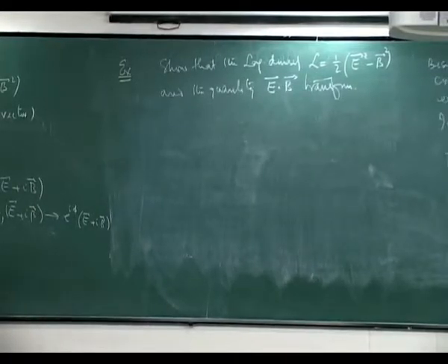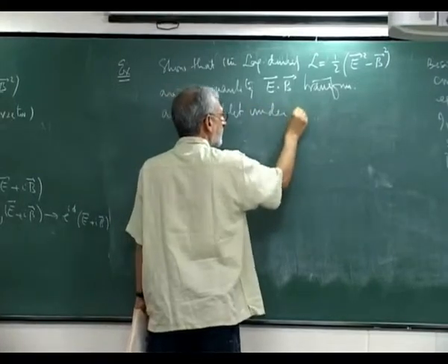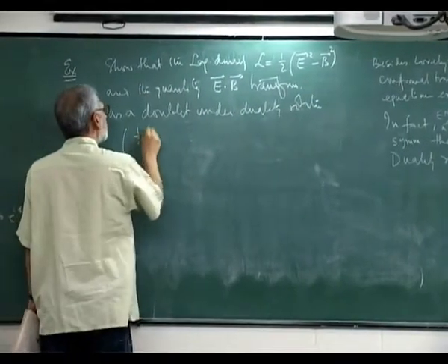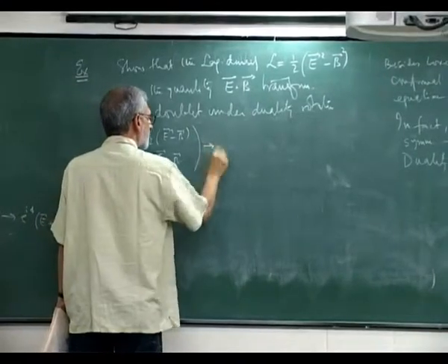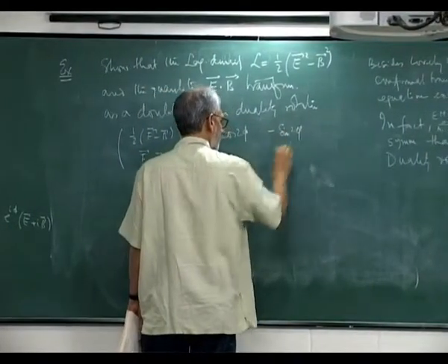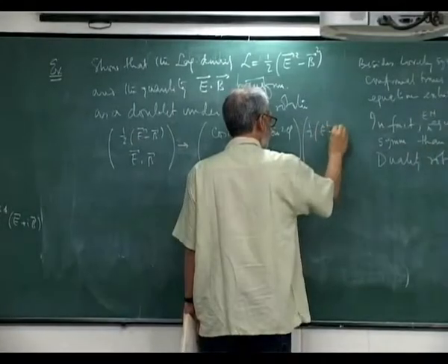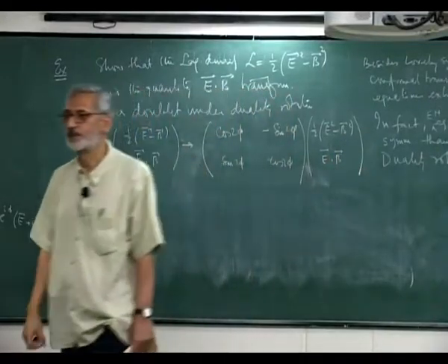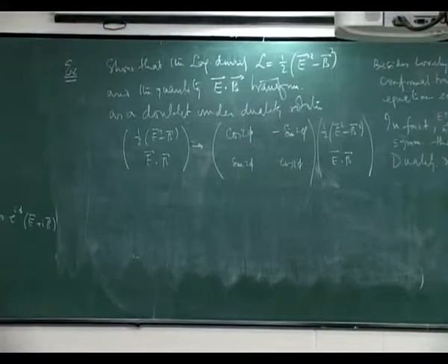The Hamiltonian density is E square plus B square, the Lagrangian density is E square minus B square. They transform as a doublet under duality rotation. That is, half (E square minus B square) and E dot B transform as cosine 2 phi, minus sine 2 phi, sine 2 phi, cosine 2 phi. Do this exercise.